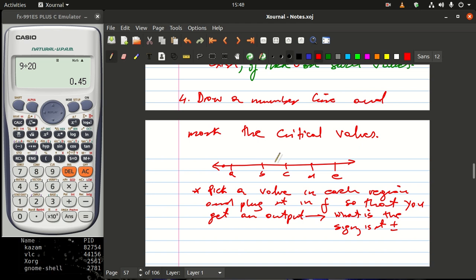You pick a value here, you check if it is positive or negative. So if you have, let's say, a positive here and a positive here, you can see that in this particular point, this one is either just undefined or a 0, but you are not having a change in sign up until you arrive here. So you want to check the sign.